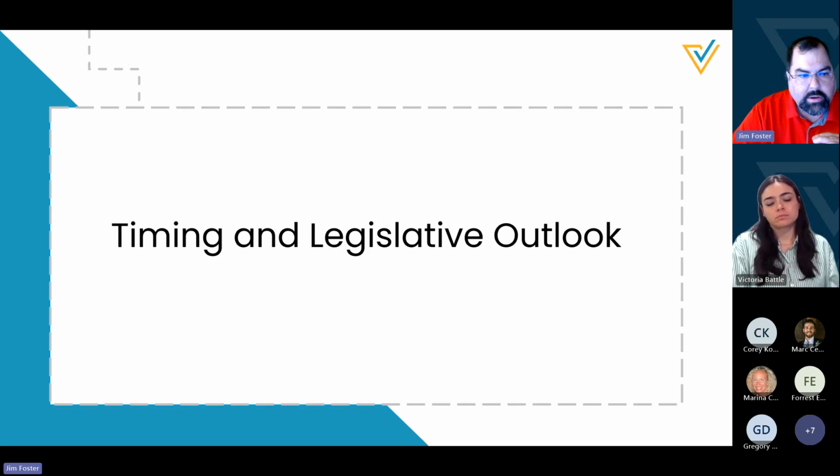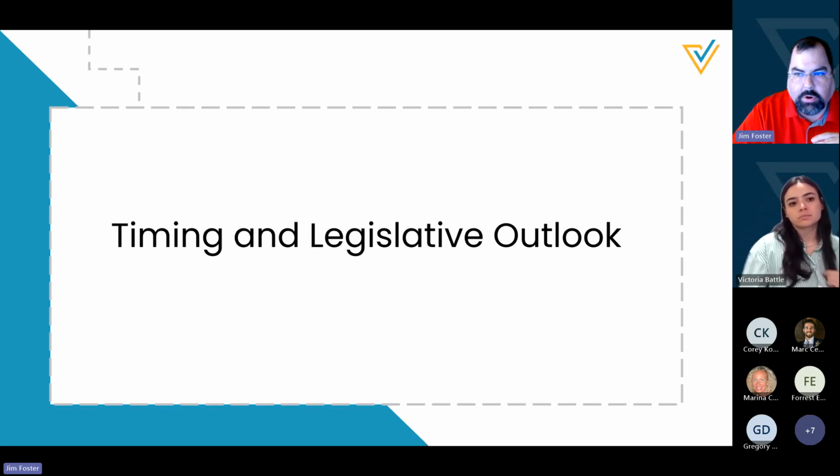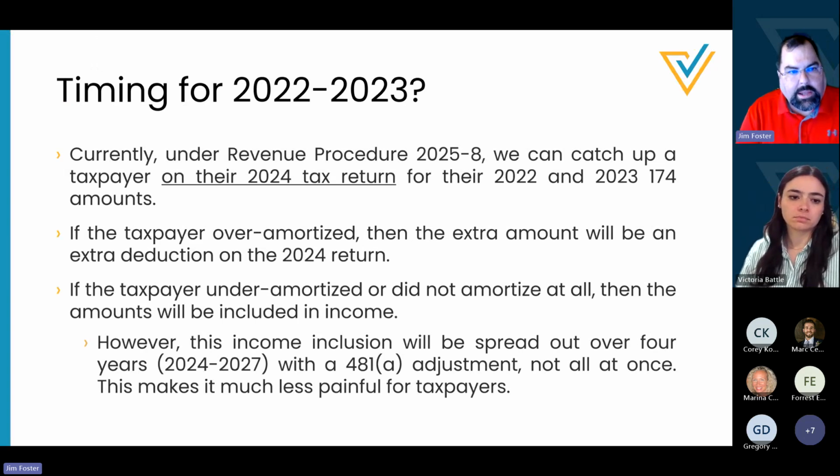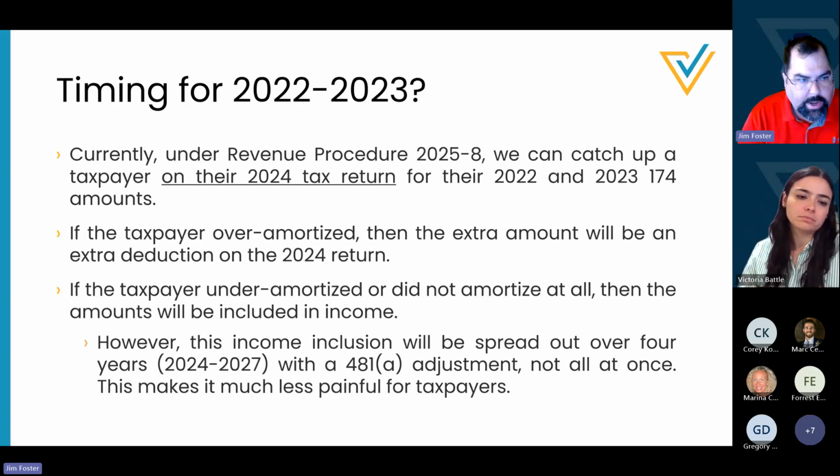Now, let's do a little bit of timing and legislative outlook for a moment. And the timing here for 22 and 23, there is a Rev Proc that came out in January, I believe, that said we can catch up a taxpayer on their 24 return for the 22 and 23 amounts of 174.